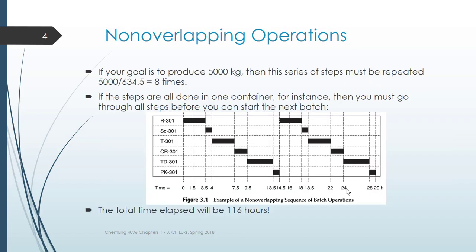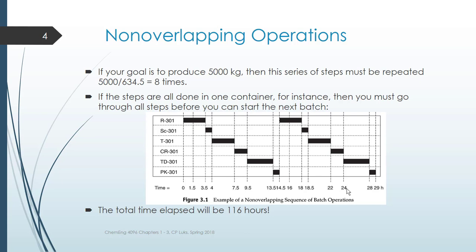If your goal is to produce 5,000 kilograms, and we designed this step to only create 635 kilograms, then divide that out and you see that we're going to need to repeat this process 8 times.